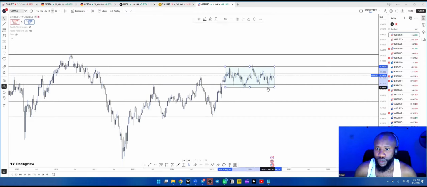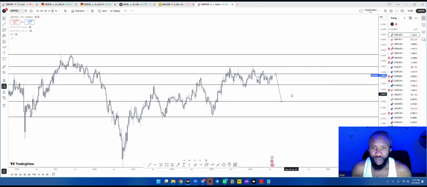So automatically, that means we should be expecting a breakout from GBPUSD and continuation. If it doesn't happen, that means we'll be expecting a breakout to the downside on GBPUSD.